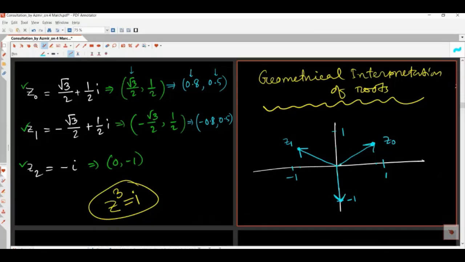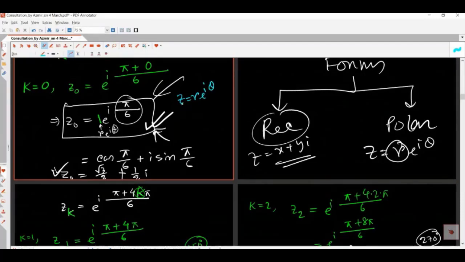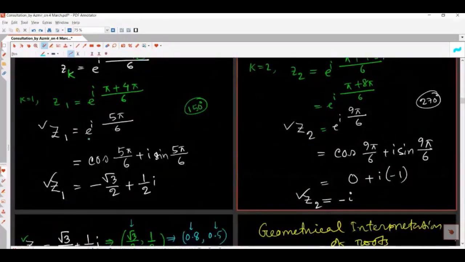We can understand that the distance from the origin to z0, z1 or z2 is the same, because if we compare with z equal to r e to the power i theta, r is 1 for z0. Similarly, for z1, r is 1.